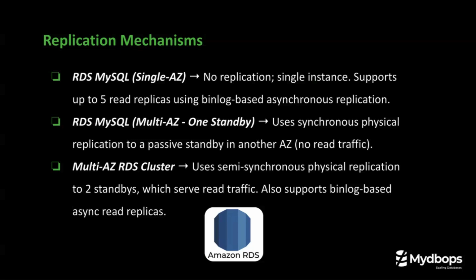And in RDS itself, the multi-AZ RDS cluster takes it a further step with semi-synchronous physical replication to two standby instances, which can serve read traffic. This reduces read load on the primary. Additionally, we can use binlog-based asynchronous replication to create external read replicas.